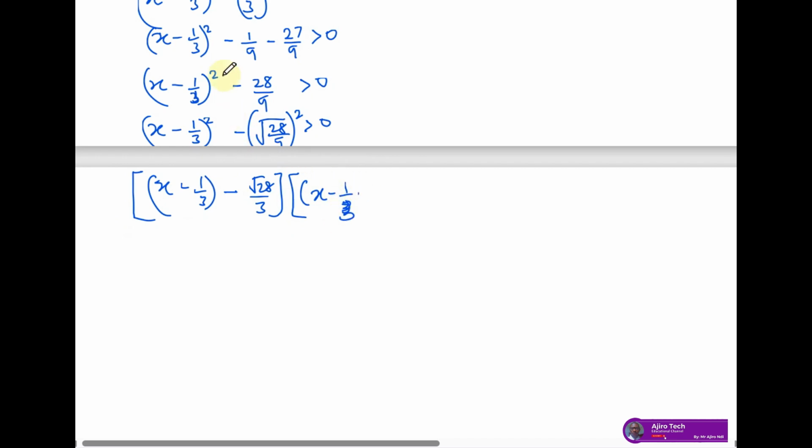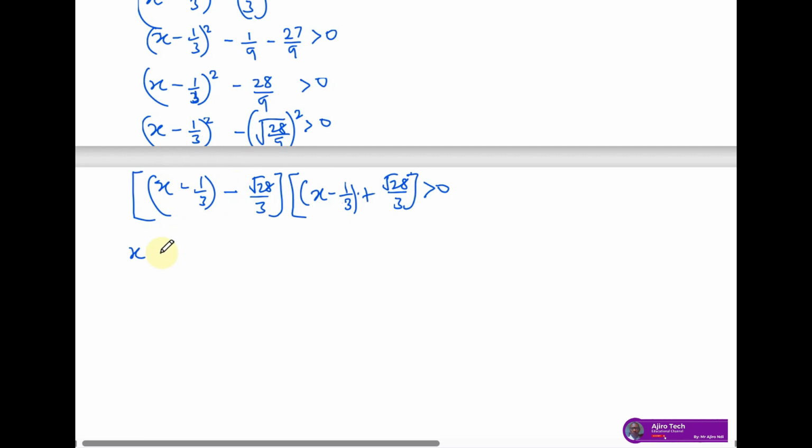plus, sorry please, my writing, 1 over 3 plus root 28 over 3, okay, greater than 0. Now I have x minus 1 over 3 minus the square root of 28 over 3, or let me just join it together this way.